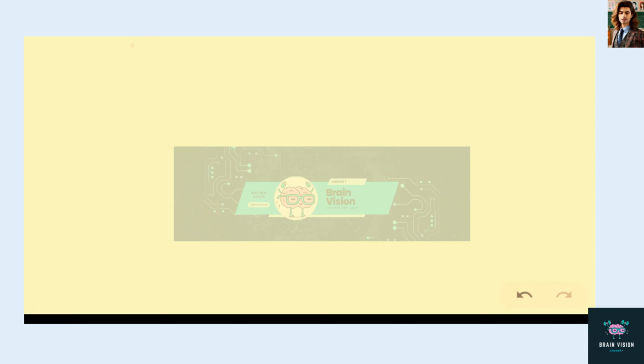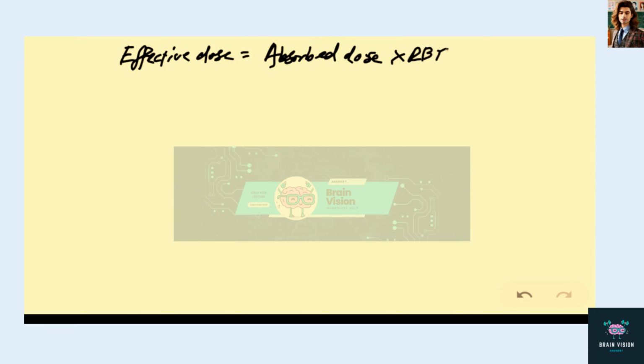In the first part of this question, we want to convert from effective dose into absorbed dose. So we know that effective dose is equal to absorbed dose multiplied by the RBE. Now in this case, we're going to assume RBE is approximately 1. In actual fact, it's about 1.1, but we're going to assume RBE for protons is 1. So we can equate the absorbed dose to the effective dose.